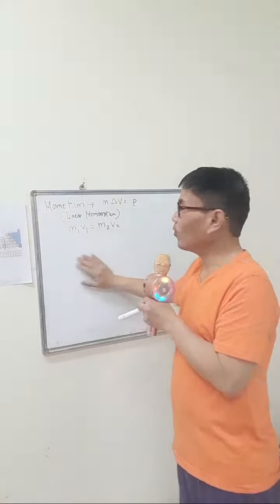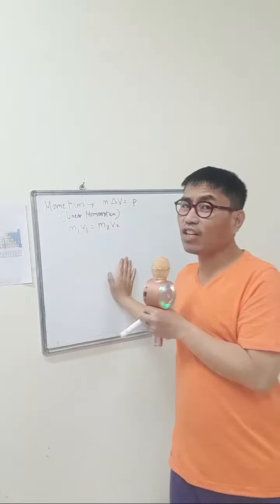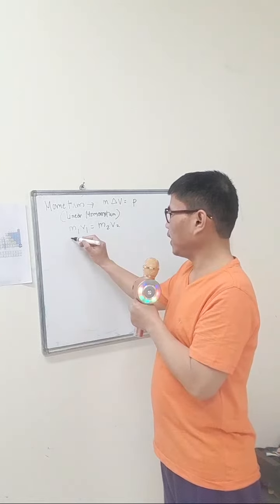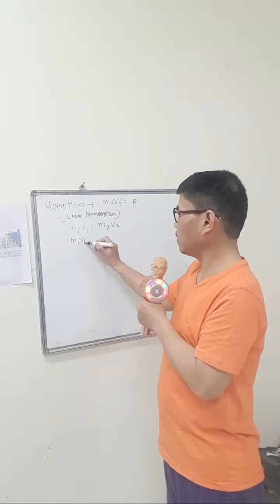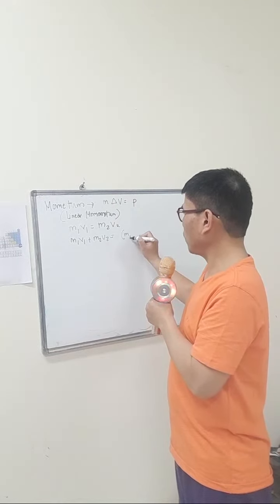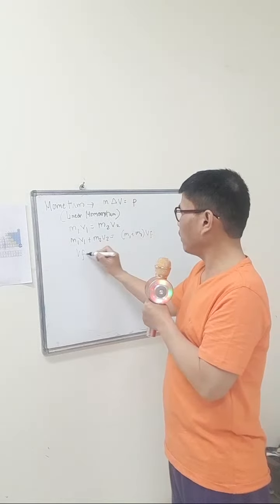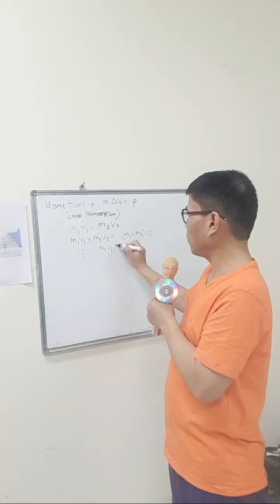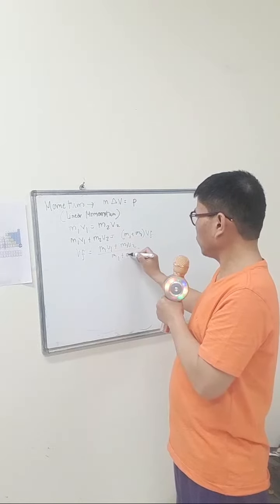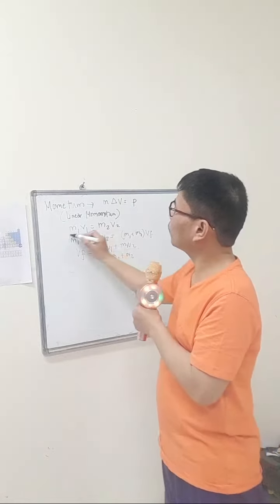Now, if it is really conserved, it's gonna be m1 v1 plus m2 v2 is equals to m1 plus m2 times the final velocity. Therefore the final velocity is equals to m1 v1 plus m2 v2 over m1 plus m2. This is gonna be when the momentum is conserved.